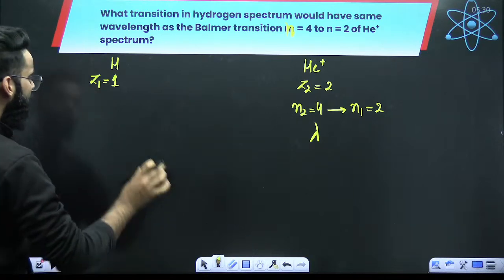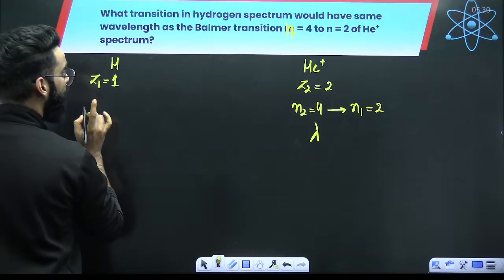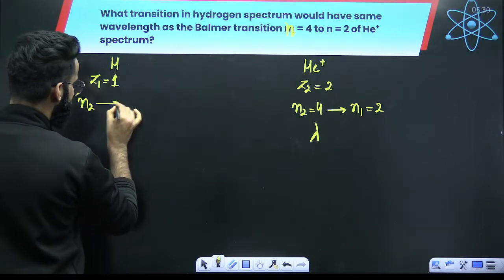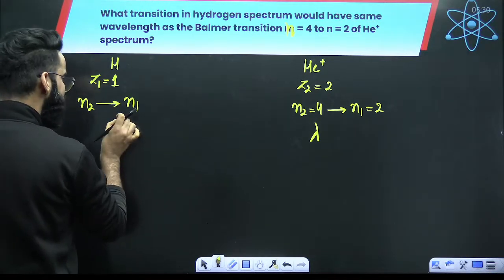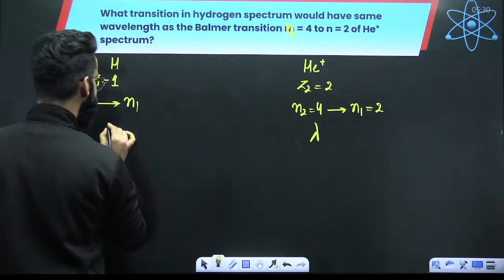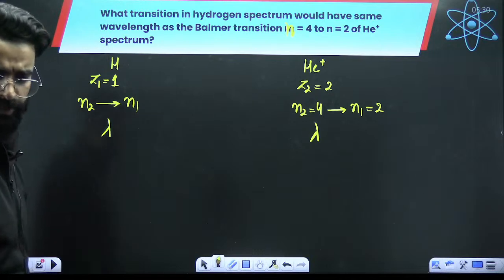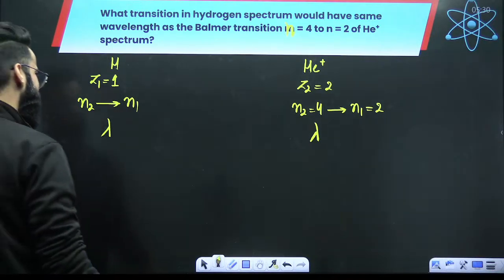Now, as per the question, what should be the transition in case of hydrogen such that the electron is going to emit the same wavelength as was emitted by He positive? That's the question.